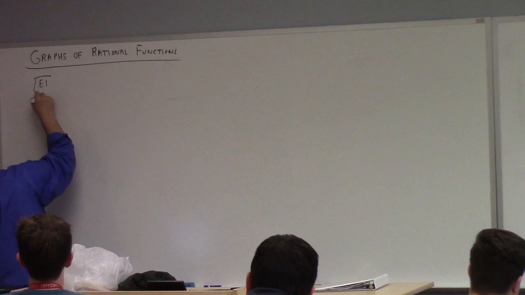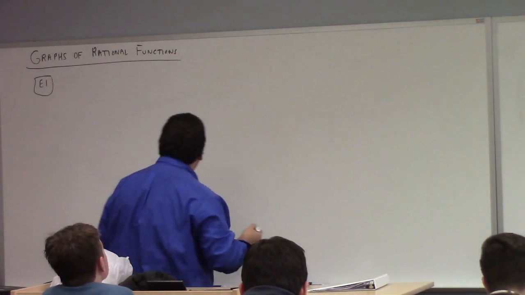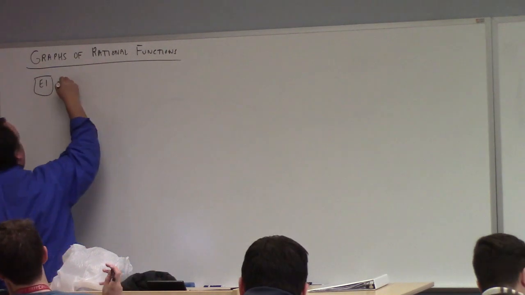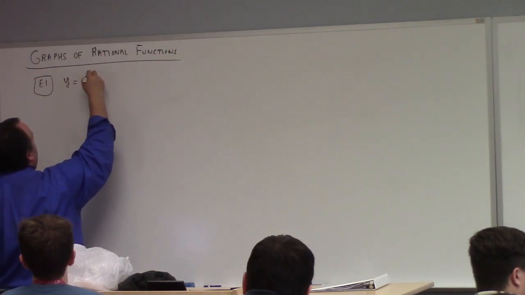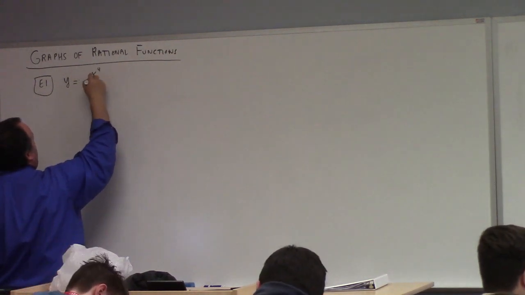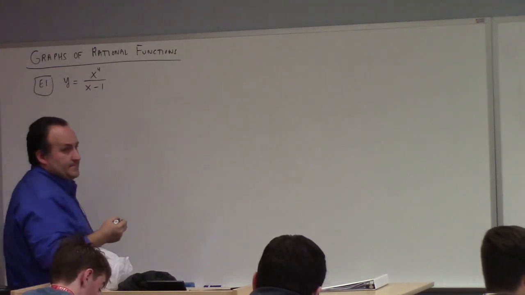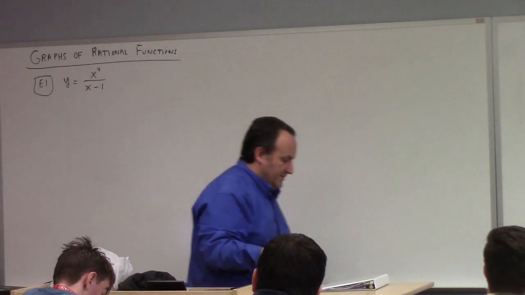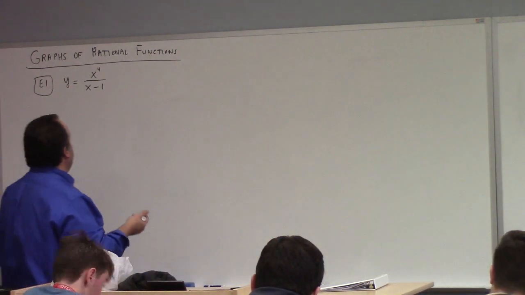Suppose we want to graph y equals something like, I don't know, x to the fourth divided by x minus 1. Suppose you wanted to graph this. How would that go? Well, it goes something like this.